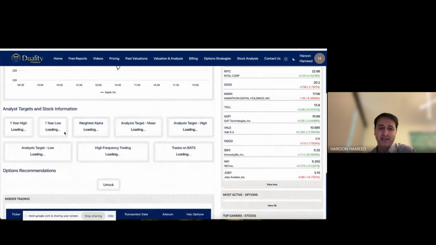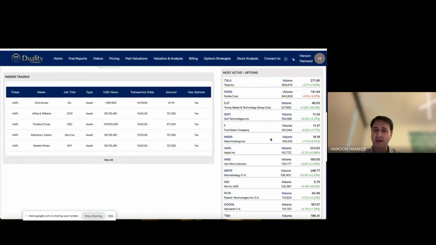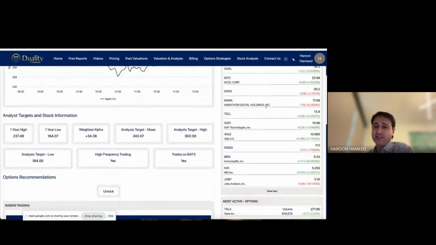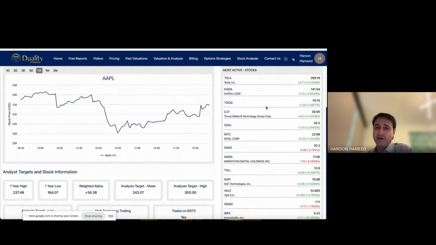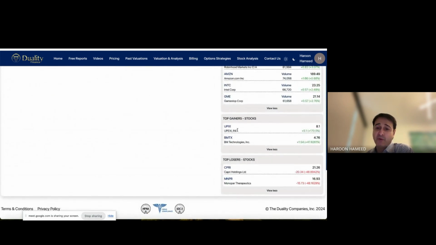All this information is, as you can see, being pulled in real time off of APIs from a large number of sources. And what the various strategies one can deploy is, depending on some of the most active stocks, or some people may even look at the biggest gainers or losers.